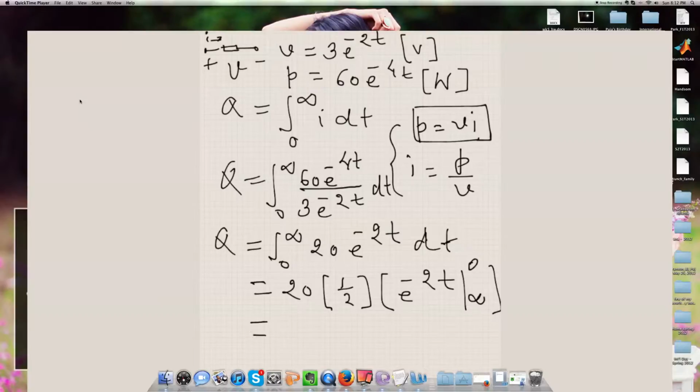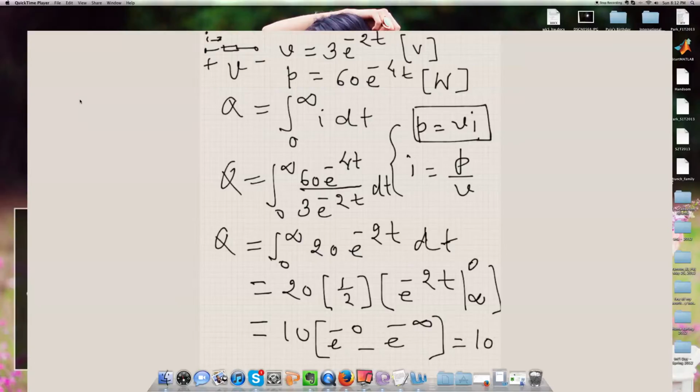So that will give us 20 over 2, which is 10. And then we have e to the power minus 0 minus e to the power minus infinity. E to the power of 0 is 1. E to the power minus infinity, of course, is 0. So it's 1 minus 0. 10 times 1 minus 0 is primarily 10.